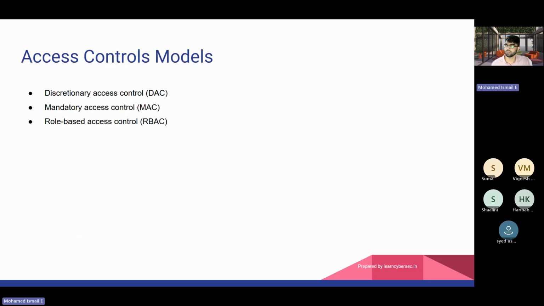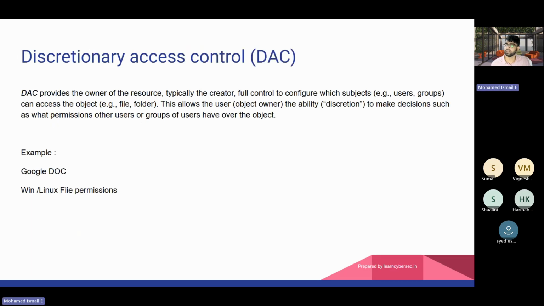So, discretionary access control: if you are regularly using your Gmail or Google Drive, you are using this model. How this works: you go to Google Drive and create a document. In the document sharing option, you add your colleague or your friend with edit privilege.